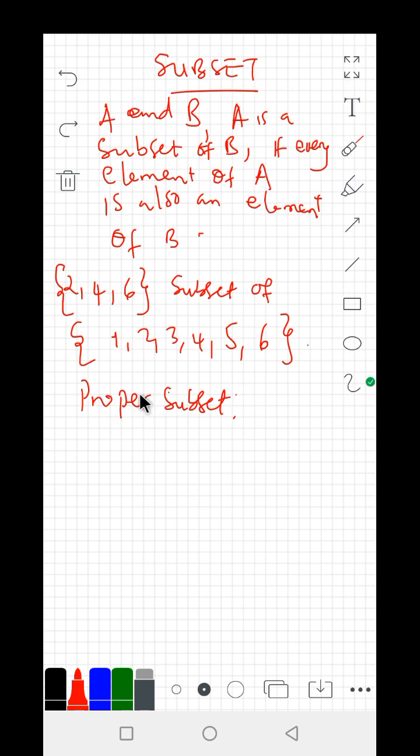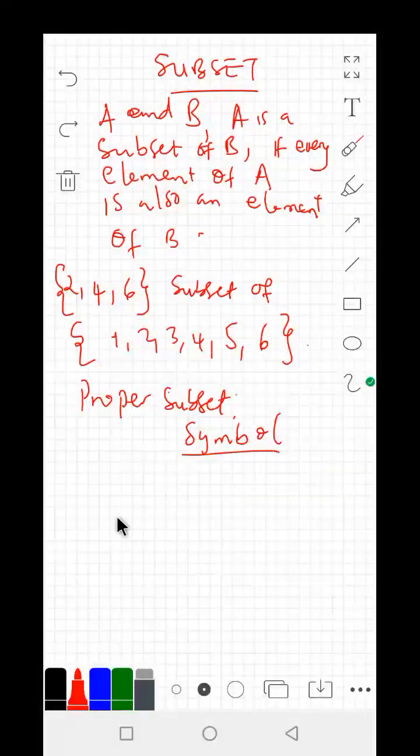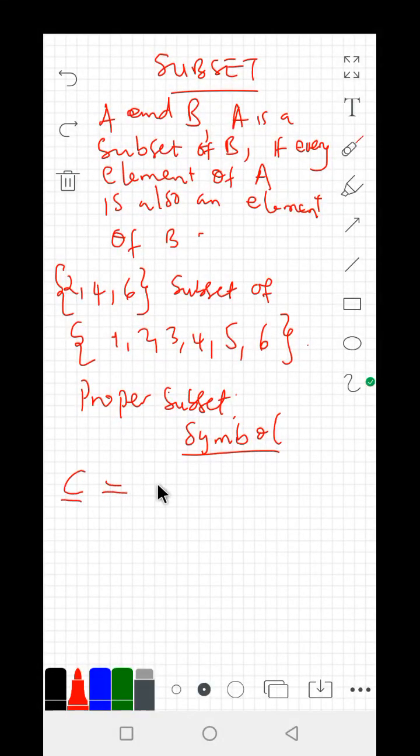If we have two sets A and B, A is a proper subset of B if A is a subset of B but is not equal to B. The symbol for a subset is this. The symbol for a proper subset is that.